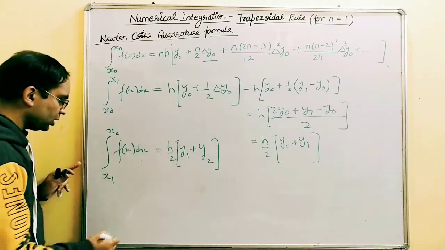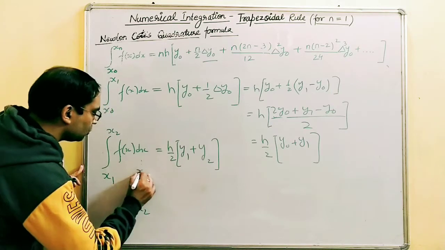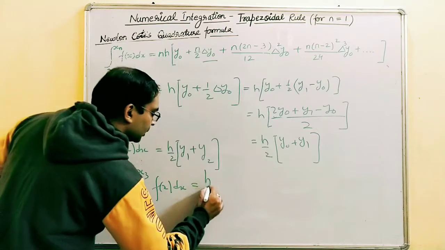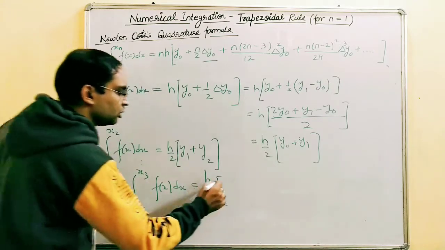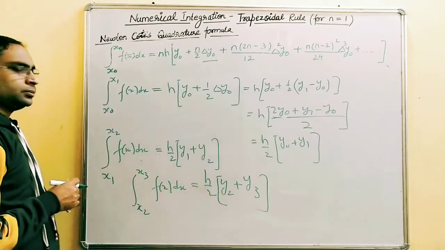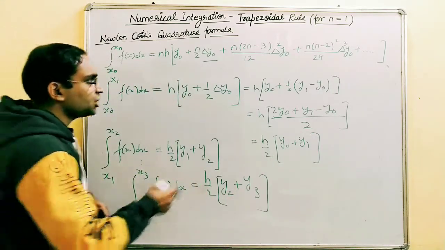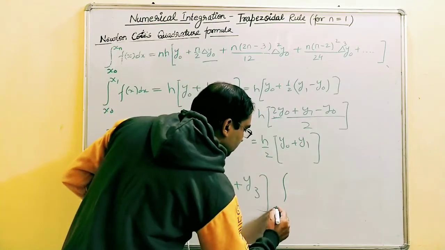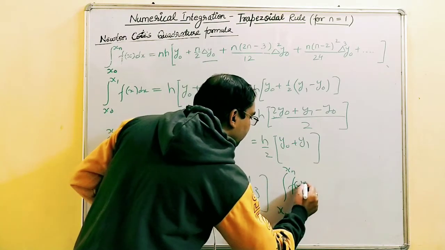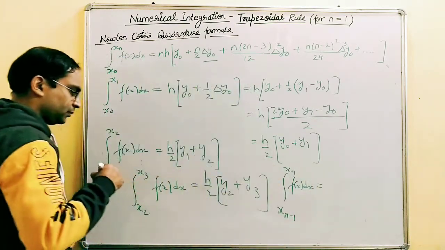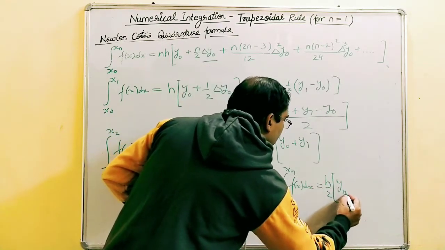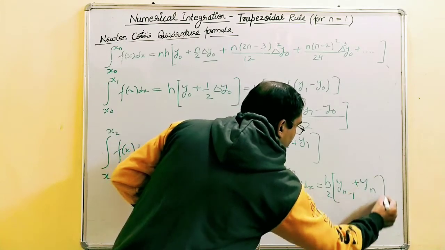The next subinterval will be from x2 to x3 of f(x) dx, and that will be h upon 2 times y2 plus y3. Similarly, if we write the last term, from xn minus 1 till xn of f(x) dx, then this will be h upon 2 times yn minus 1 plus yn.